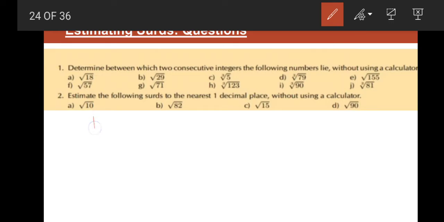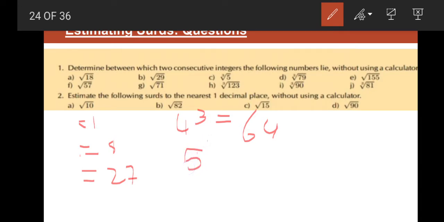So if we cube 4, we will get 64 as our perfect cube. And if we cube 5, we will get 125 as our perfect cube.